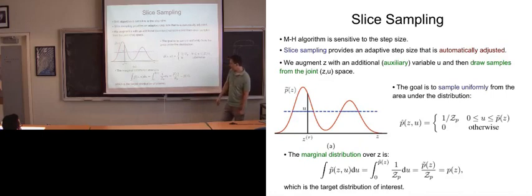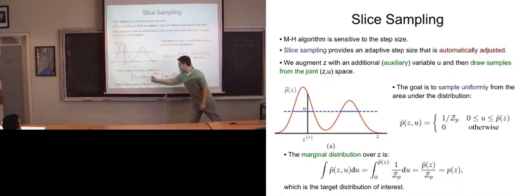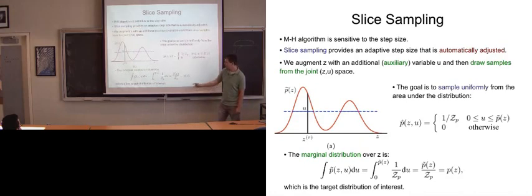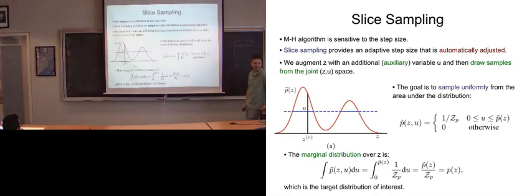I can take the normalizing constant out, and this integral is nothing more than P tilde of Z. Boom, I get my marginal distribution. So if I take this expression and integrate with respect to U, the marginal distribution is the correct distribution of interest, which is the target distribution. That's a key property. That's the way slice sampling is derived.